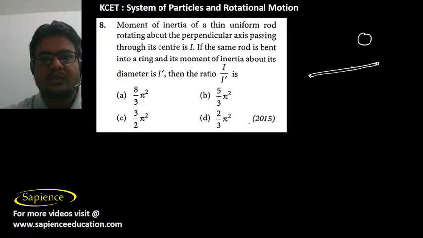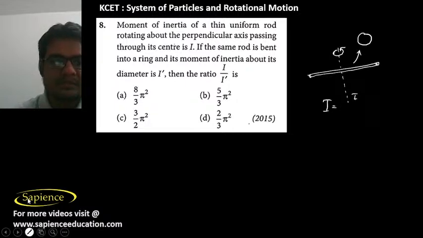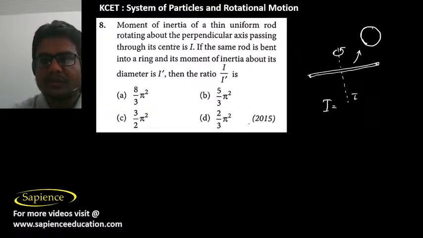Its moment of inertia, when rotating about the perpendicular axis passing through its center, is I. Then if the same rod is bent into a ring and its moment of inertia about its diameter is I dash, then what is the ratio of I and I dash?